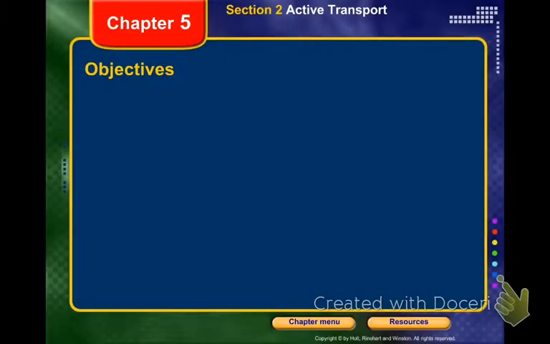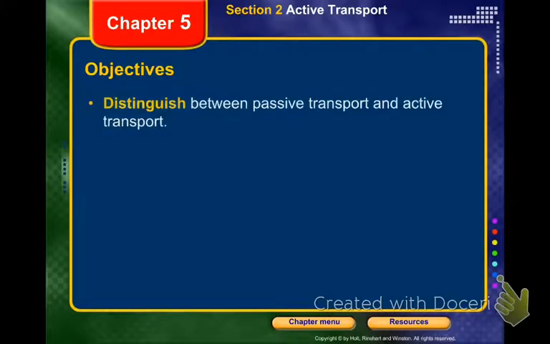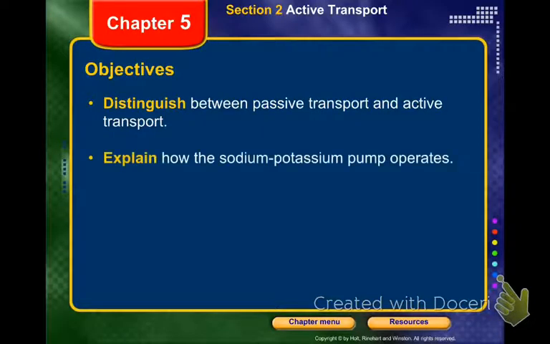Now, active transport. You need to know the difference between active and passive. Active requires energy. Passive does not. We're going to look in detail how the sodium-potassium pump operates. Now, you're like, but wait a minute. Sodium and potassium, these are ions. You're right. But this becomes active transport.